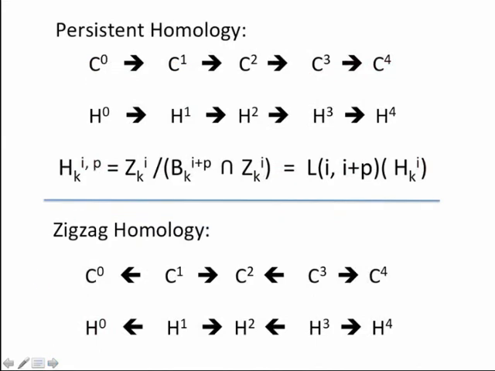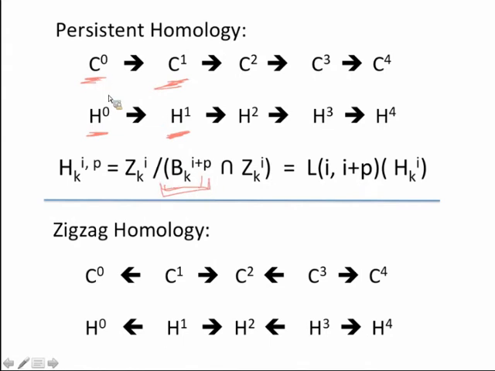So just to compare our persistent homology to our zigzag homology, we had our simplicial complex at time 0, our simplicial complex at time 1. So we could take a look at the cycles at time 0 and take a look at those cycles that exist at time 1 and that either exist or get killed off by a boundary at time 1.